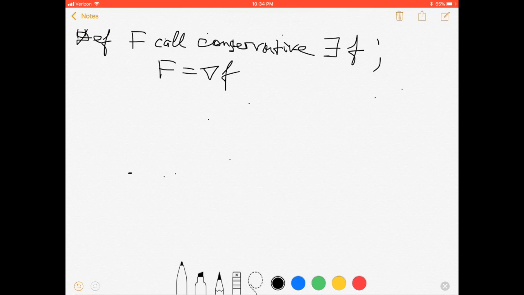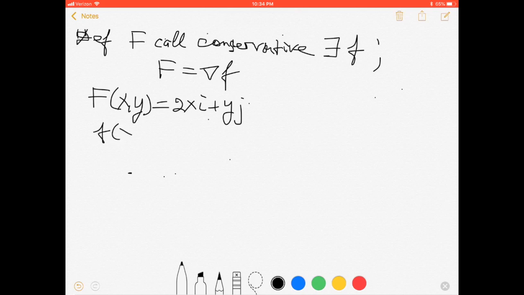For example, if you have the vector field F equal to x i plus y j, what will be a function whose gradient equals x i plus y j?